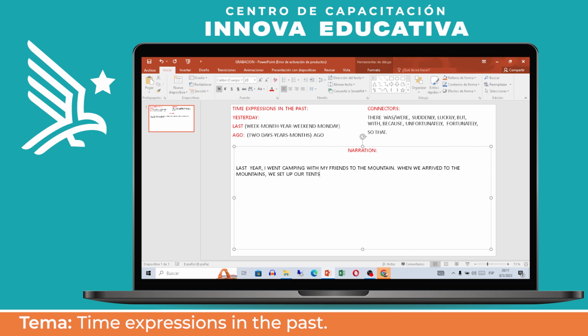Armamos nuestras carpas, ¿ok? When we arrived to the mountains, we set up our tents. Hasta ahí tenemos, cuando llegamos a la montaña, armamos nuestras carpas.